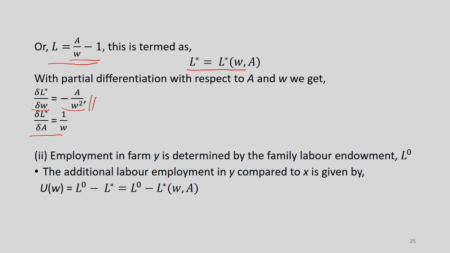In simple terms, as the wage rate in the market rises, the owner of firm X is going to reduce the employment. On the other hand, as A, that is capital A, rises, L star will rise, because del L star del A is 1 divided by W, which is positive.